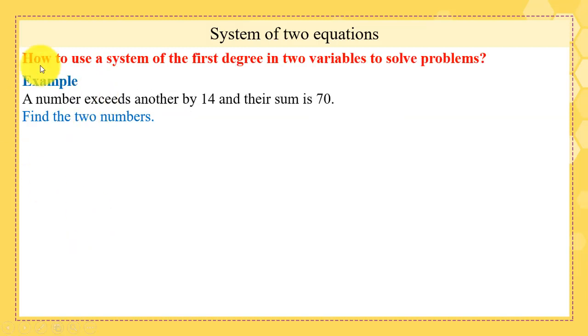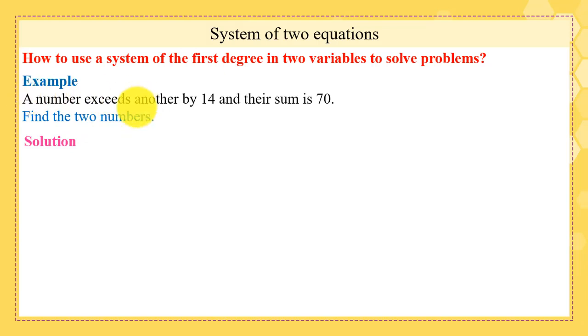Now, how to use a system of the first degree in two variables to solve problems. We will start with the following example. A number exceeds another by 14 and their sum is 70. Find the two numbers. The question is to find the two numbers.